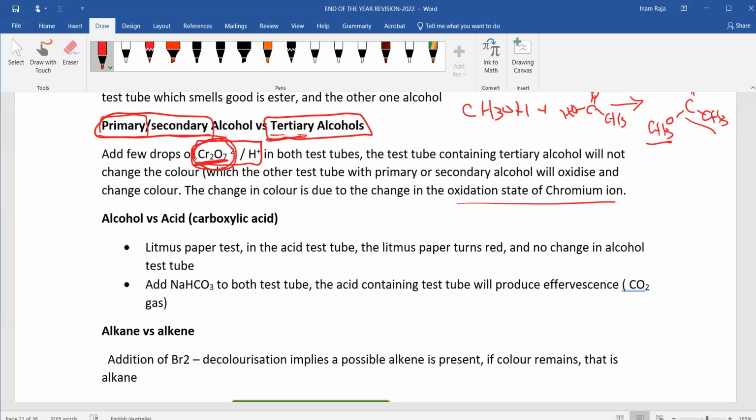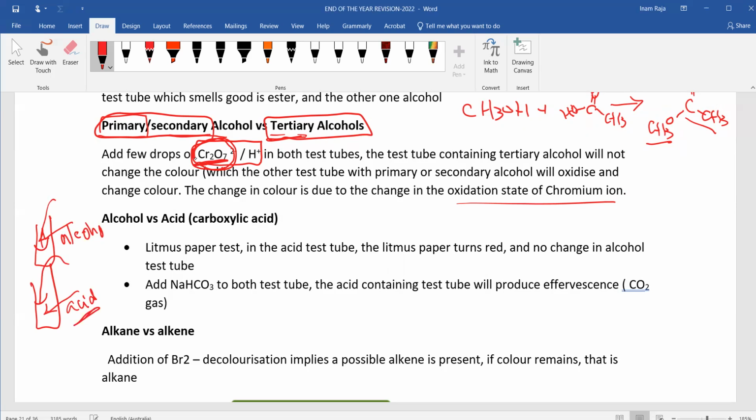And the color change is happening because the chromium oxidation state is changing. Now if they give you two test tubes, one contains alcohol and the other contains carboxylic acid, like methanoic acid or propanoic acid, both colorless. The simple test is to put litmus paper in both. The one which turns red is acid.